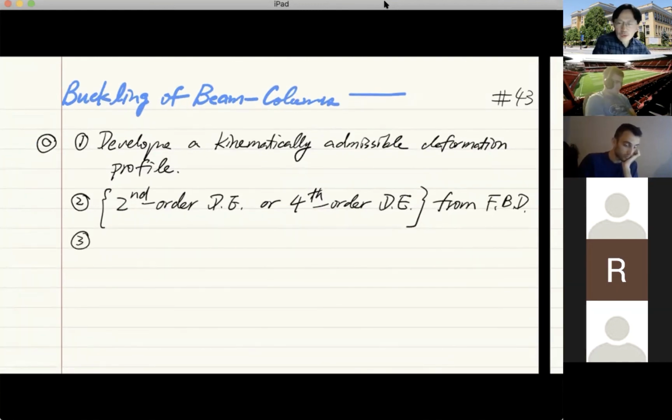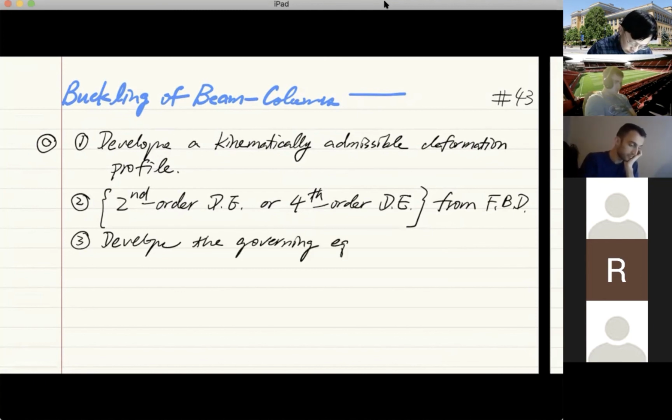And after that, what do we do? After you have the free body diagram, you develop the governing equation of the structure.